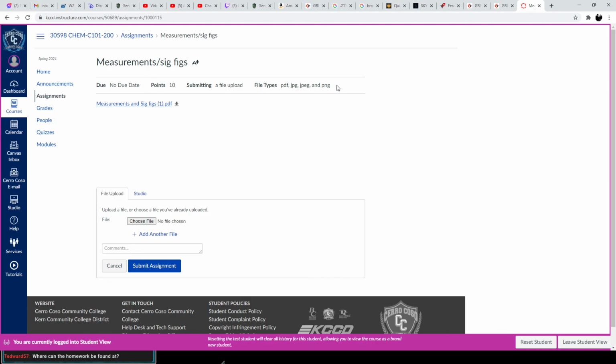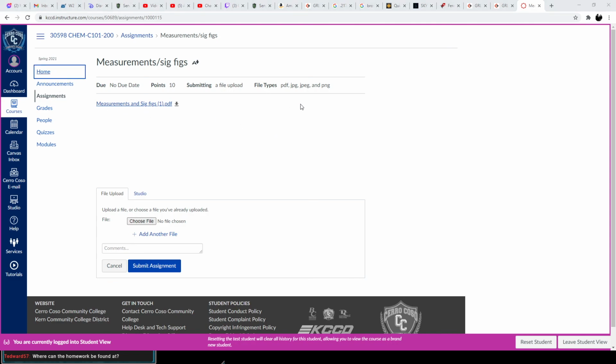Those are the ones I allow. Typically, phones take pictures as JPEGs, though you can have little phone scanners, or you can scan stuff and get PDFs of it and just submit it that way. And then I'll be able to look at it and give you a score for it.